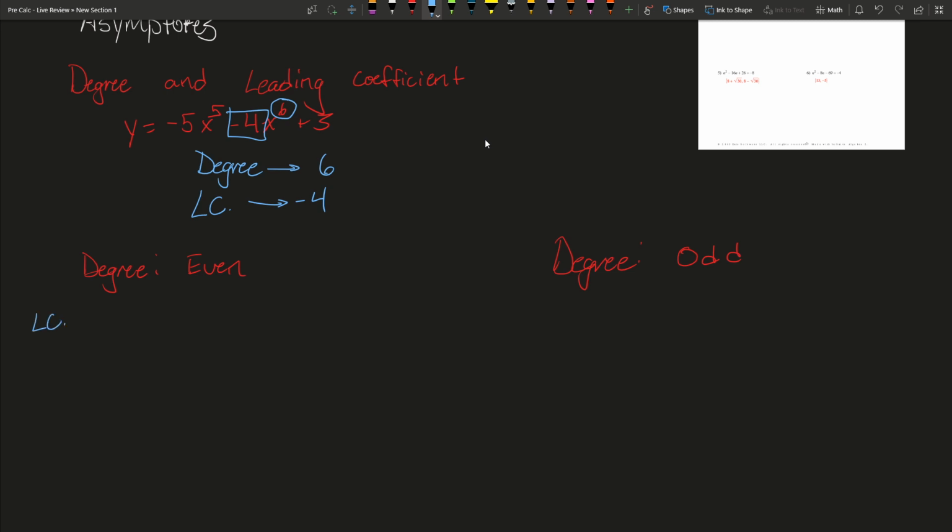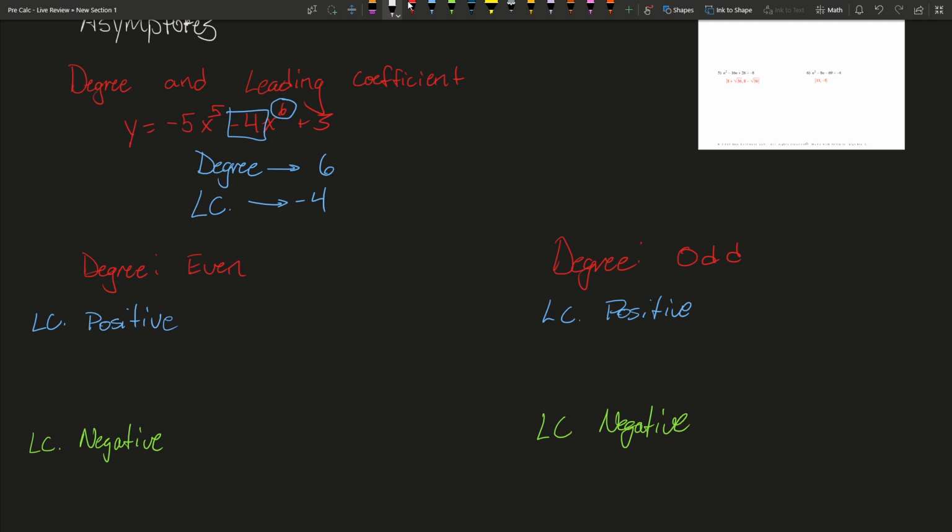Leading coefficient is positive, and leading coefficient is negative. So there are 4 different things we kind of got to memorize on this.